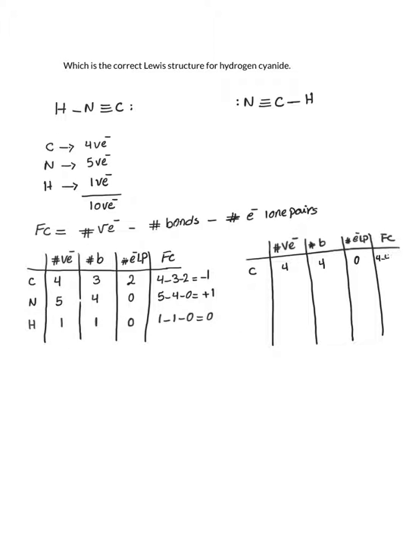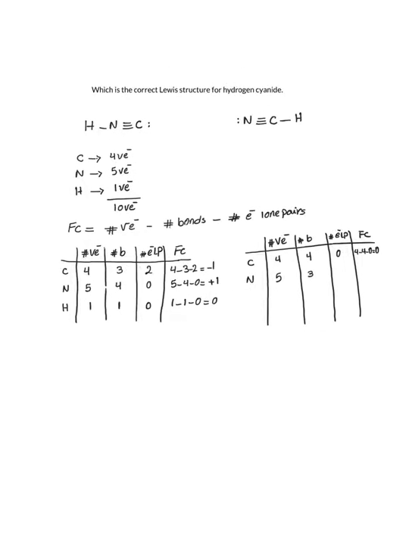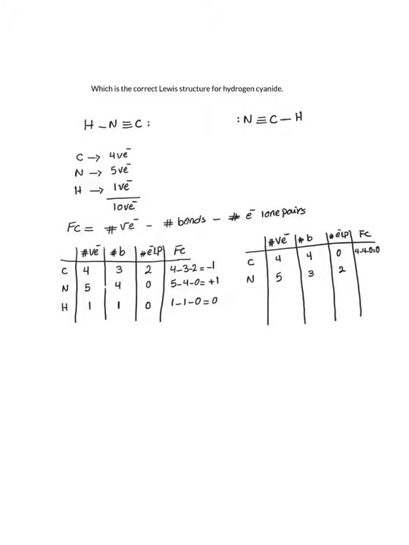So 4 minus 4, 0 minus 0 gives us 0. Nitrogen, group 5. And we'll see 1, 2, 3 bonds connected to that. And we have 1 lone pair on the nitrogen. So 2 electrons, 5 minus 3 minus 2, 0. Hydrogen, 1 valence electron, has 1 bond, 0 lone pairs, 1 minus 1 minus 0, 0.